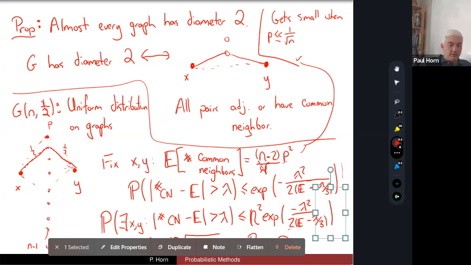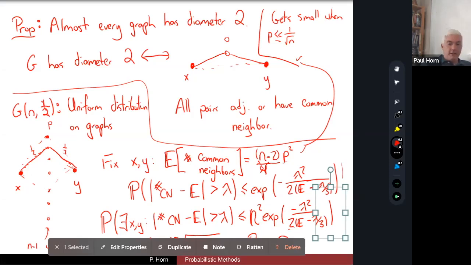There's another book, if you're interested in graph coloring, there's a very nice book by Molloy and Reed called Graph Colouring and the Probabilistic Method, that shows how all of these ideas can be built up to solve various graph coloring problems.